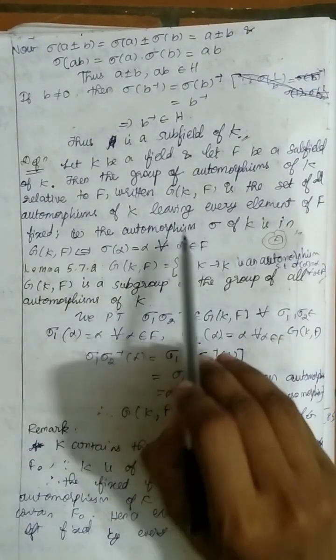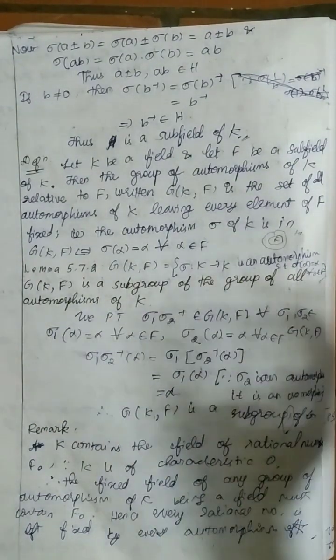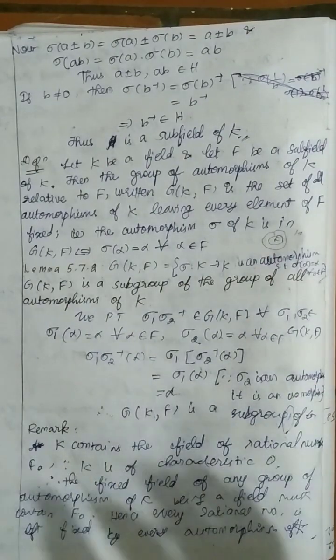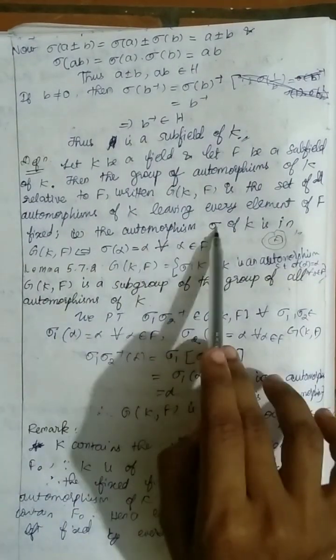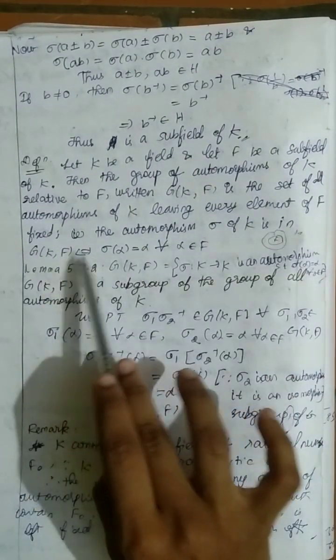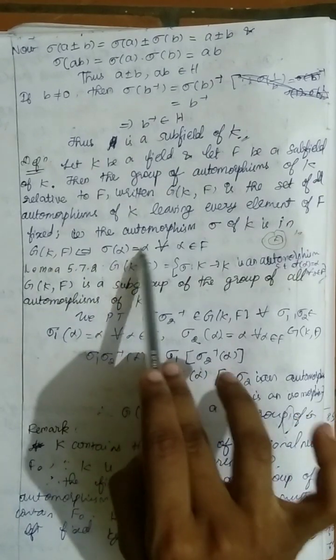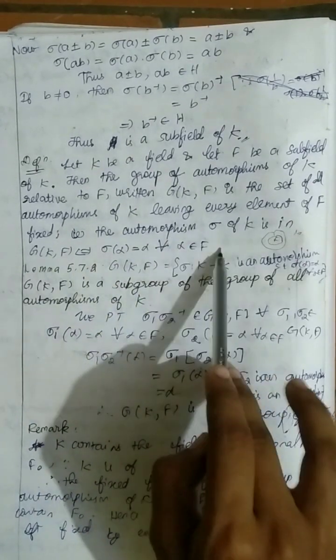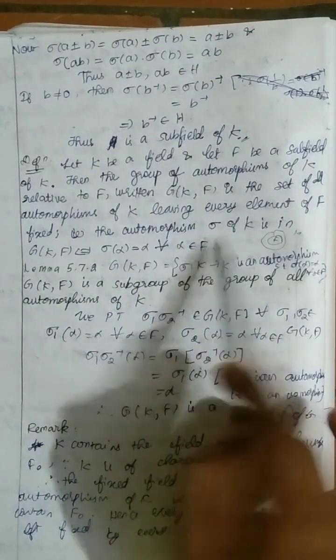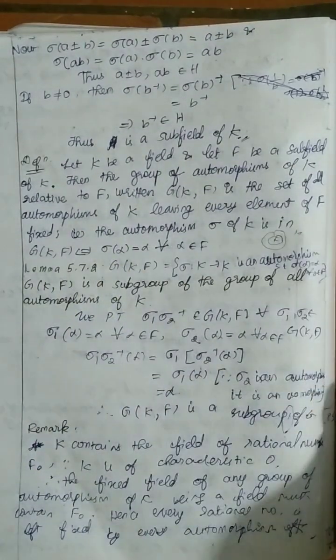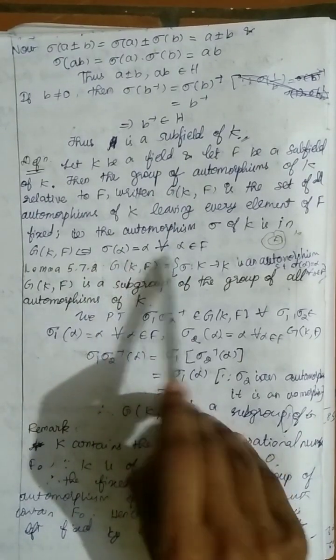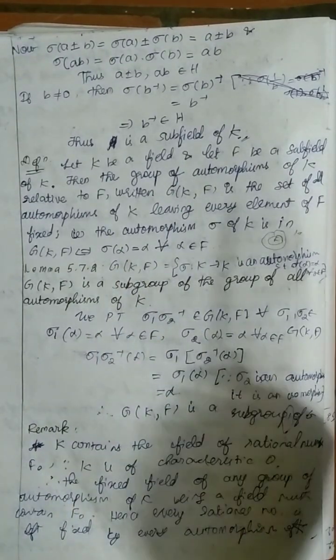But here we are collecting the set of all automorphisms which fix every element of F. So the automorphism sigma of K is in G of K comma F if and only if sigma of alpha equals alpha for all alpha belonging to F. There we have sigma of A equals A for all sigma belonging to G. Here we have sigma of alpha equal to alpha for all alpha belonging to F.